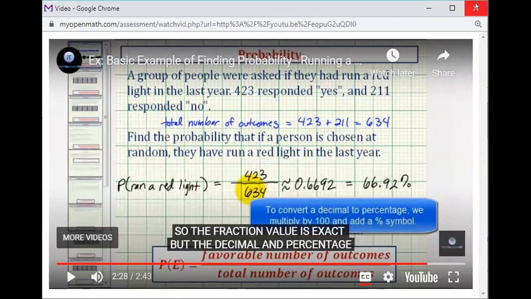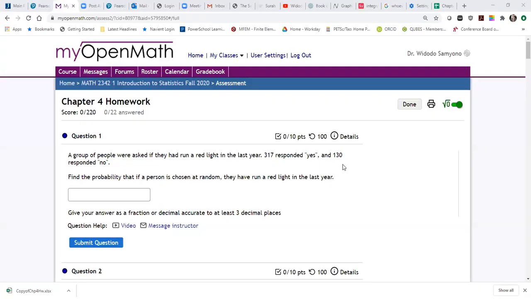Okay, so that's the video. So remember that we need to find what is the total, right? And then divide the people who run the traffic light 317.